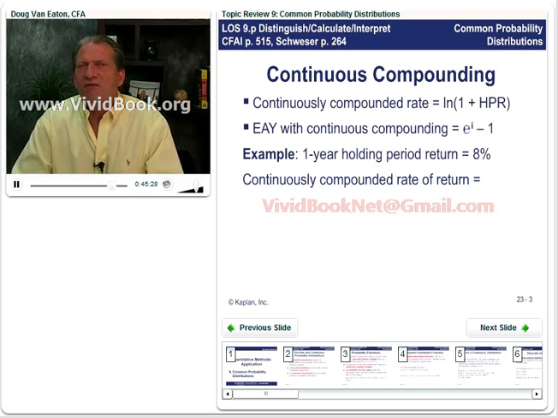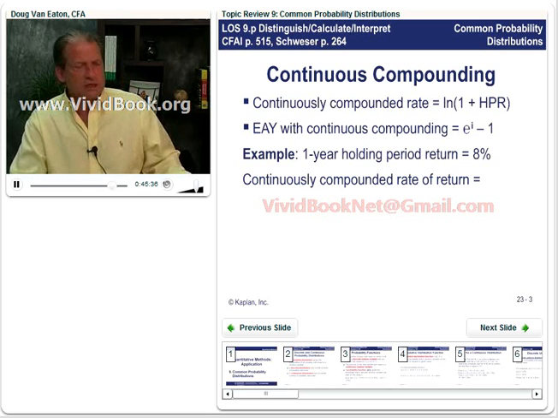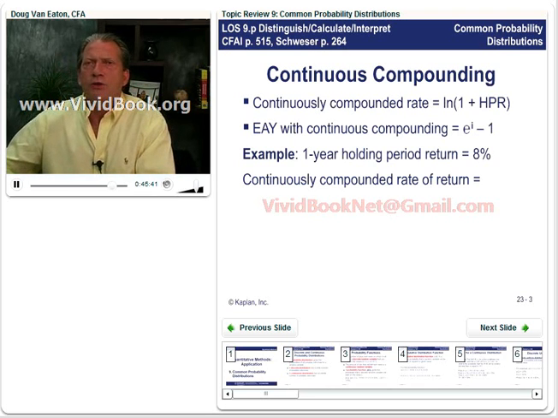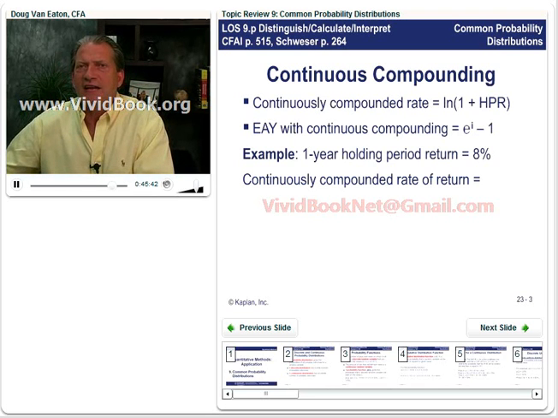So that's our effective, I guess I said equivalent, I think effective annual yield or effective annual rate is what we're after here. So looking at that example, for a 1-year holding period, our return is stated at 8%. But with continuous compounding, what's our effective annual rate or effective annual yield?